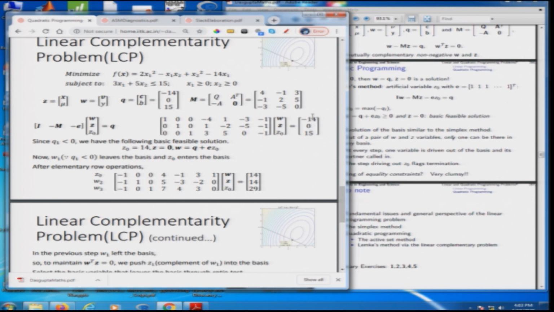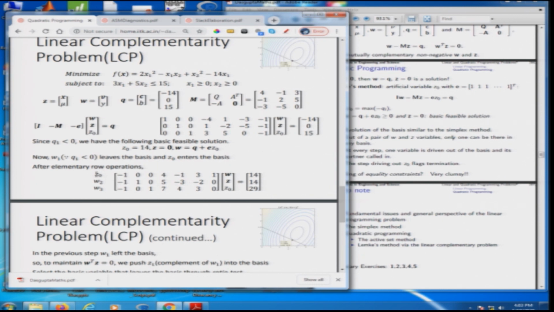This is bad. So, we say z0 is 14 and then this becomes 0, 14, 29. Okay. And then conduct a round of elementary row operations to get the identity and so on, exactly the way we do in a linear programming problem.